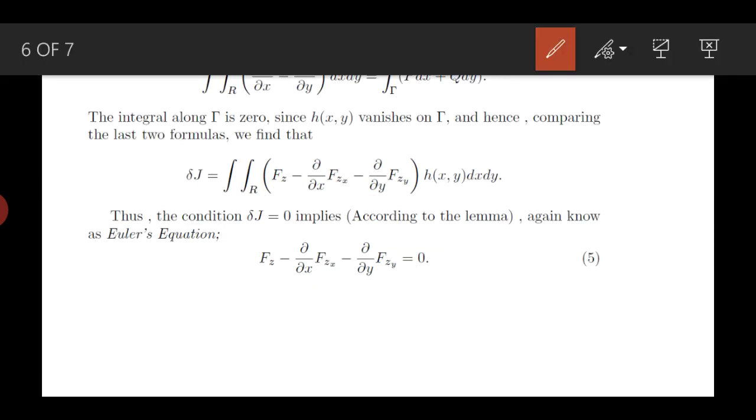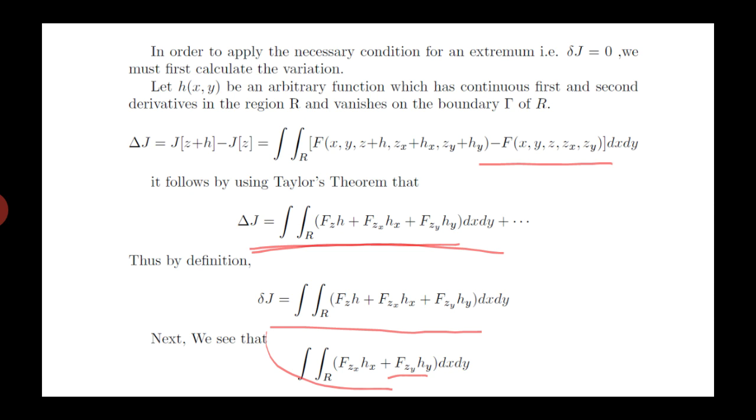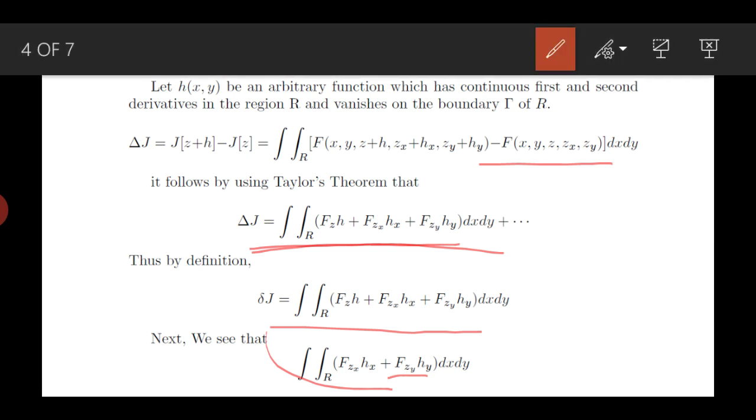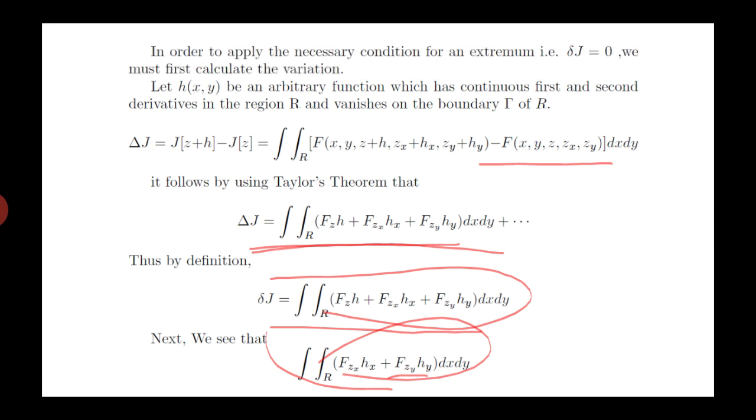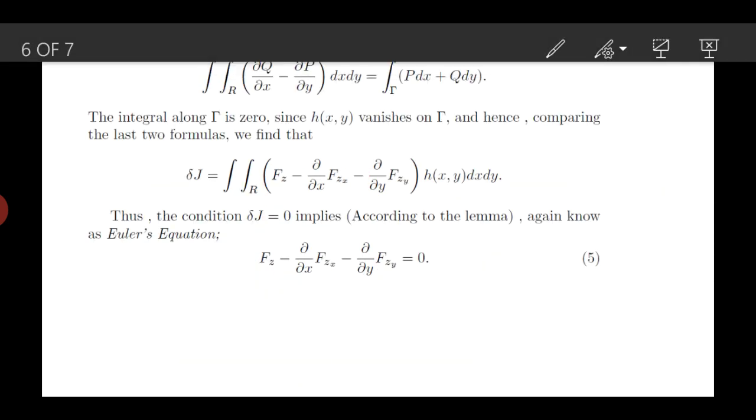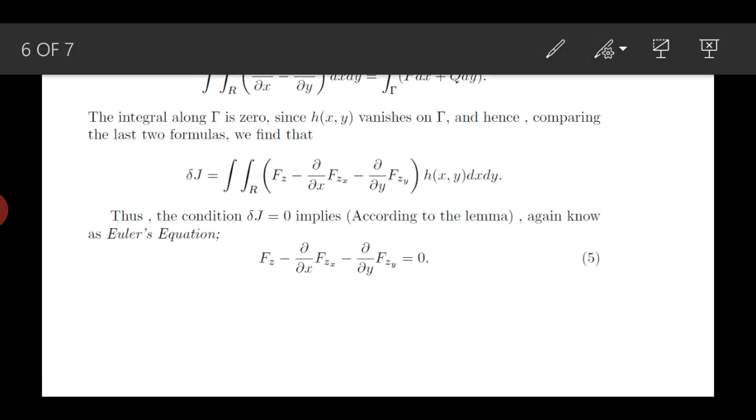So we put the value of this term into the variation, and what we get is that delta J, the variation of the functional, equals the double integral of f_z minus del over del x f_zx minus del over del y f_zy times h of x, y dx dy.